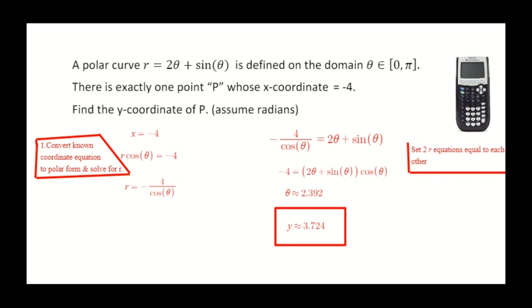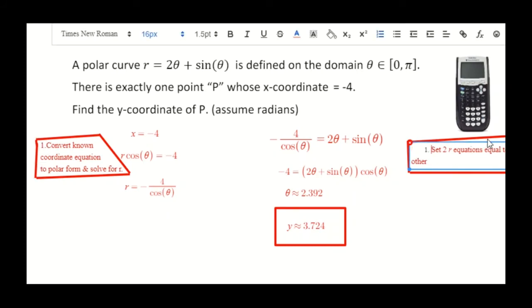That's not required, but I think it's easier to see the lines if you've got just a constant on one side. So you're welcome to leave it like this, but I think it's easier if you try to get a constant. Okay, so that was the second thing we did, and then after that we put both of those equations into y equals. Okay, so plug both sides of the equation into y1 and y2.